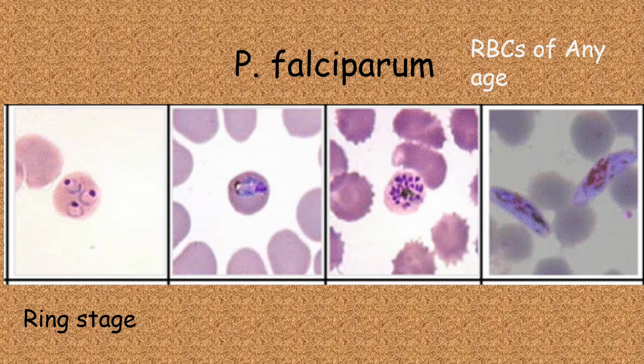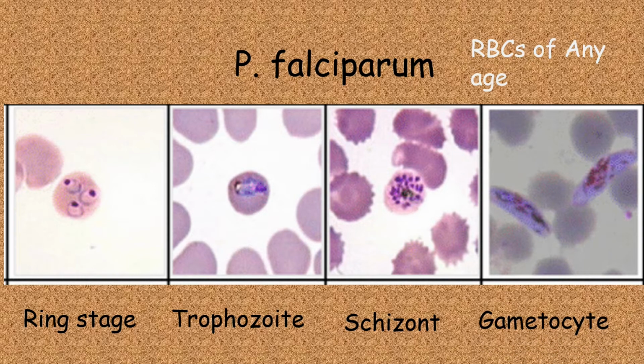After that, you can see here is the trophozoite stage, and after that is the schizont stage. The falciparum trophozoites and schizonts are rarely seen in the peripheral smear because they are sequestrated in the capillaries. Lastly that you can see is the gametocyte of Plasmodium falciparum. It has a characteristic banana or crescent shape.